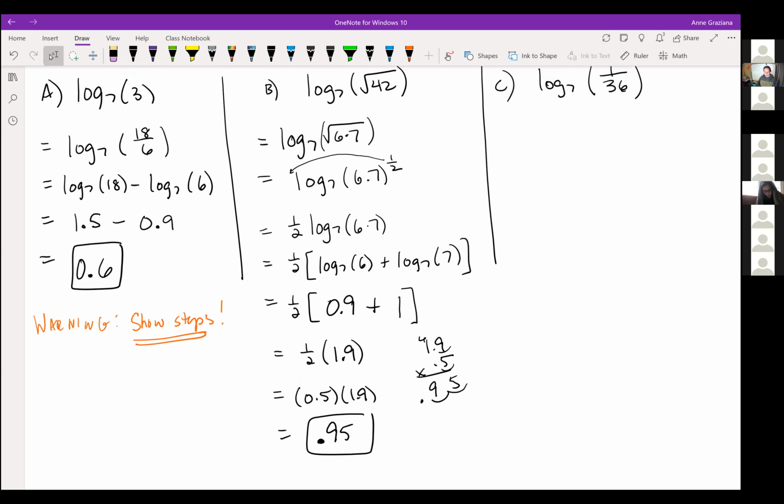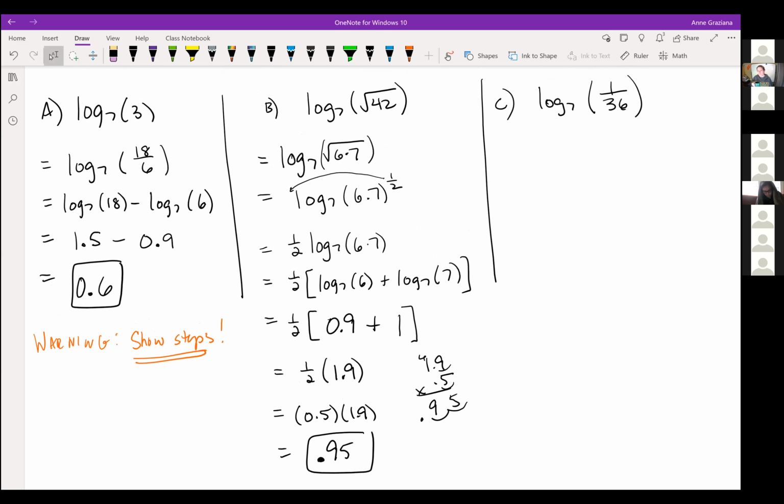All right, why don't you guys try the third one if you haven't started it already? Let me give you like a minute to work it out. Okay, would anybody like to volunteer what they tried, what they did?